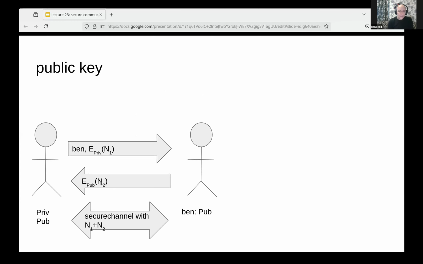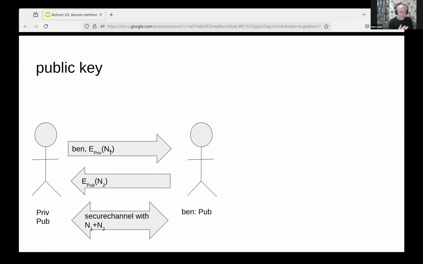If we did this operation where Ben sends to the server N1, signed with the private key, that's not confidential anymore.